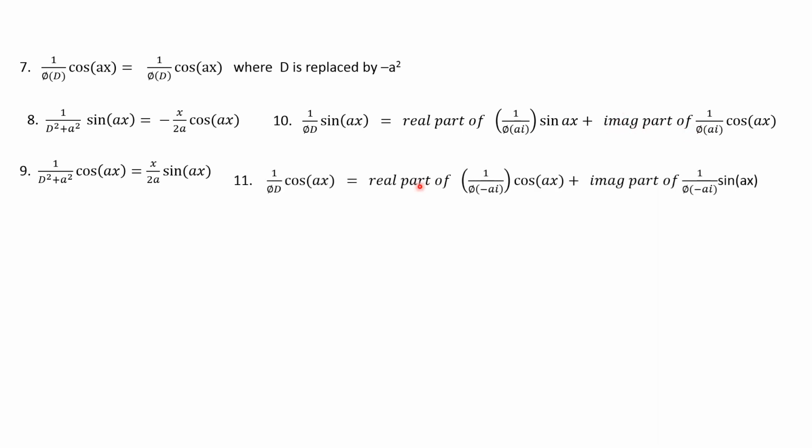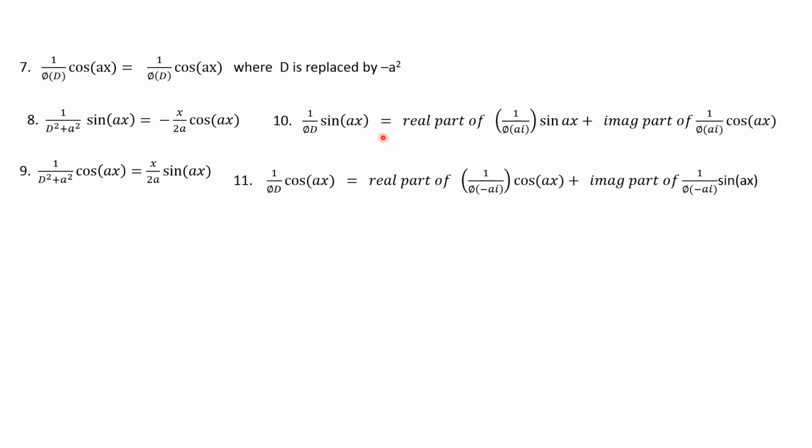Next is 1 over phi of D of cosine ax, which is the real part of 1 over phi of negative ai. Notice the difference here. Here it is negative ai, and it starts with cosine ax plus the imaginary part of 1 over phi of negative ai times sine ax. Now notice the difference here.